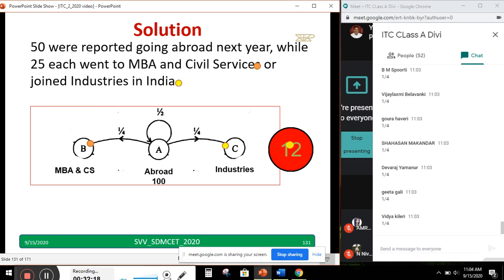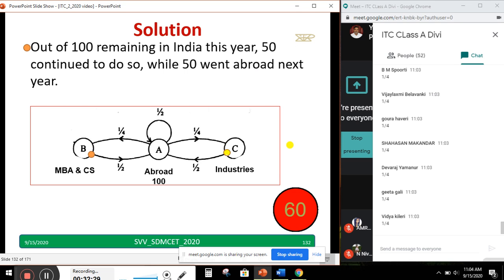So let us go to the next. The next statement is, see, out of 100 remaining in India this year, 50 continued to do so, while 50 went abroad next year.